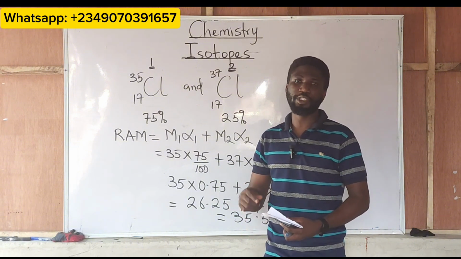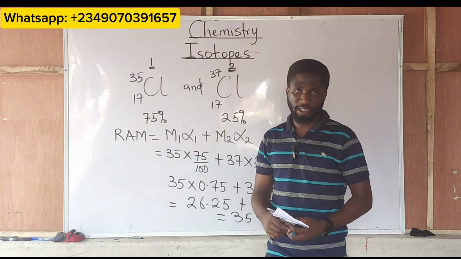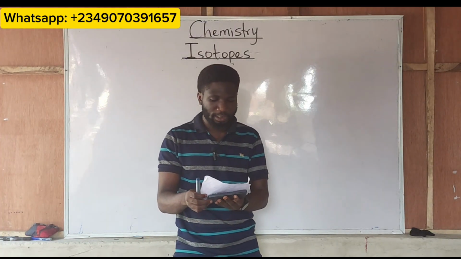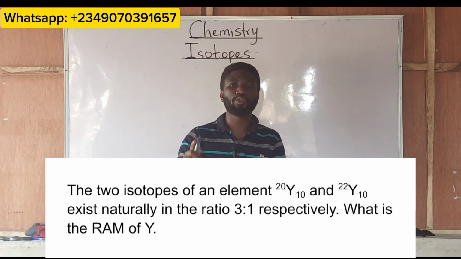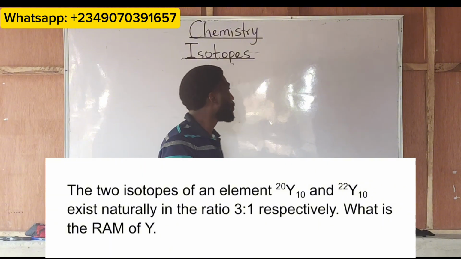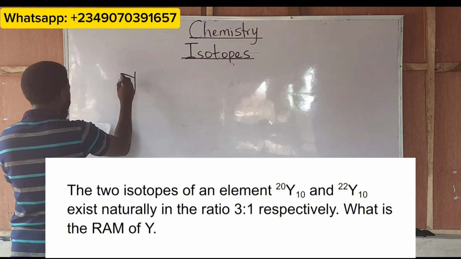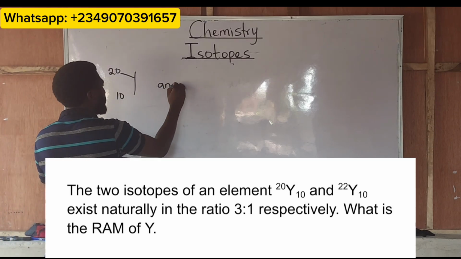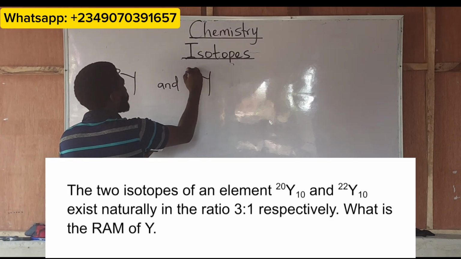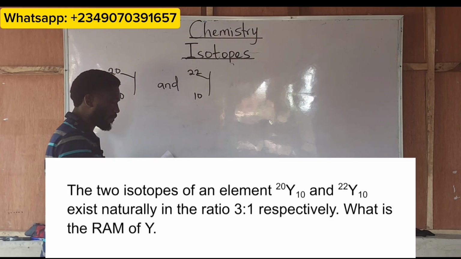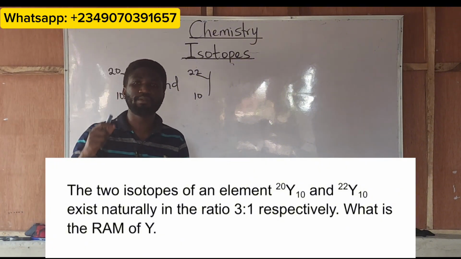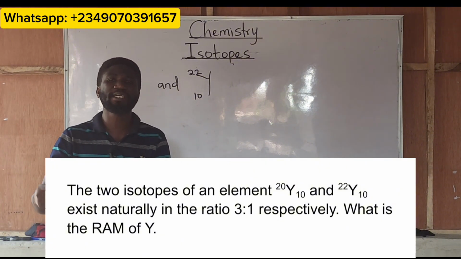So the next one is going to involve that of the ratio. All right. So the second question says the two isotopes of an element Y, 20 10 Y and 22 10 Y, exist naturally in the ratio 3:1 respectively.